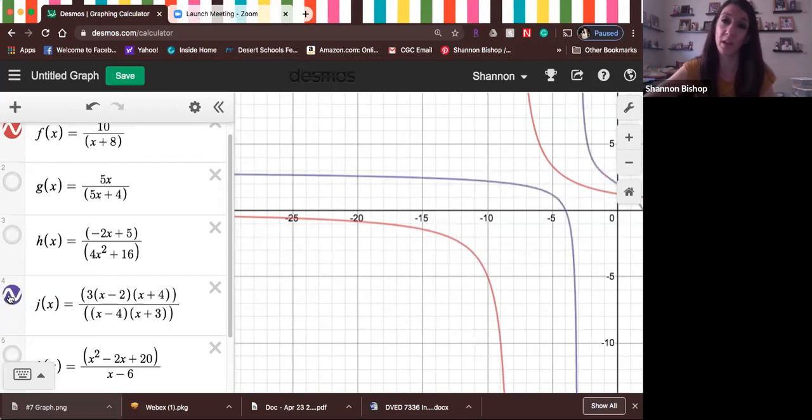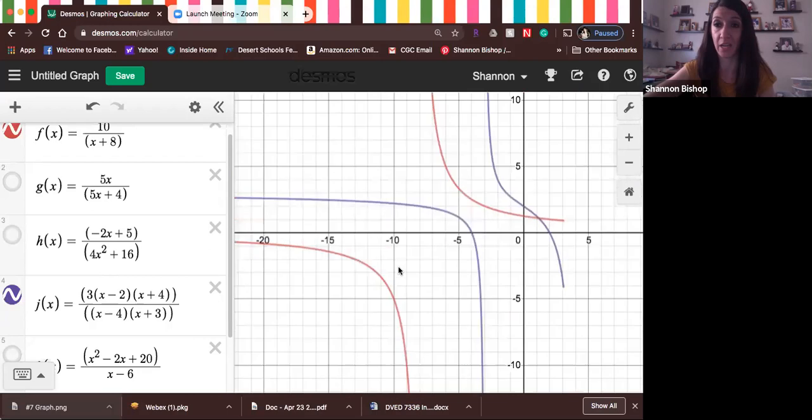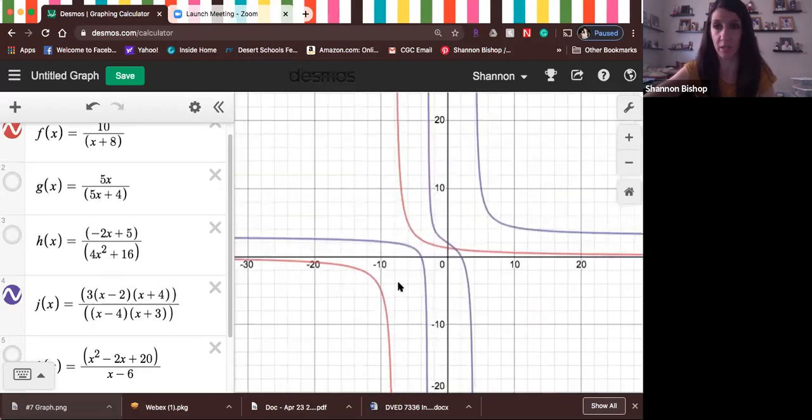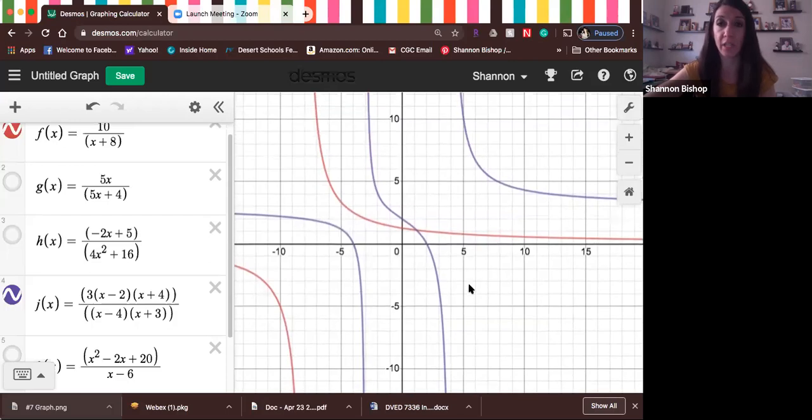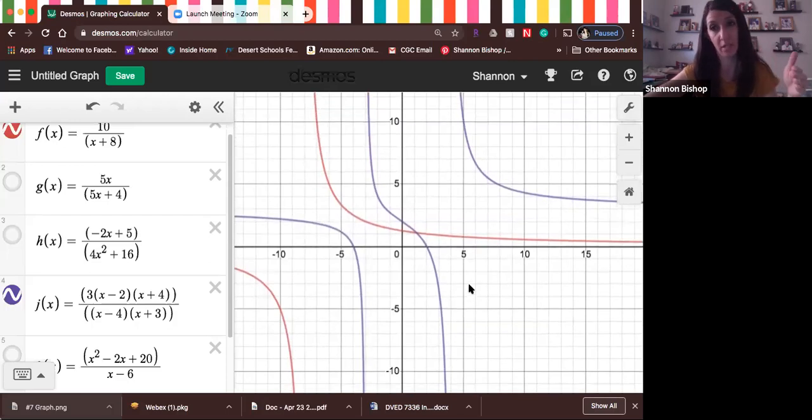So the horizontal asymptote conversation, ladies and gents, is not a conversation of errors. Nope. It's a conversation of what the graph does in the, we call it, long run, or in the end behavior of the function.